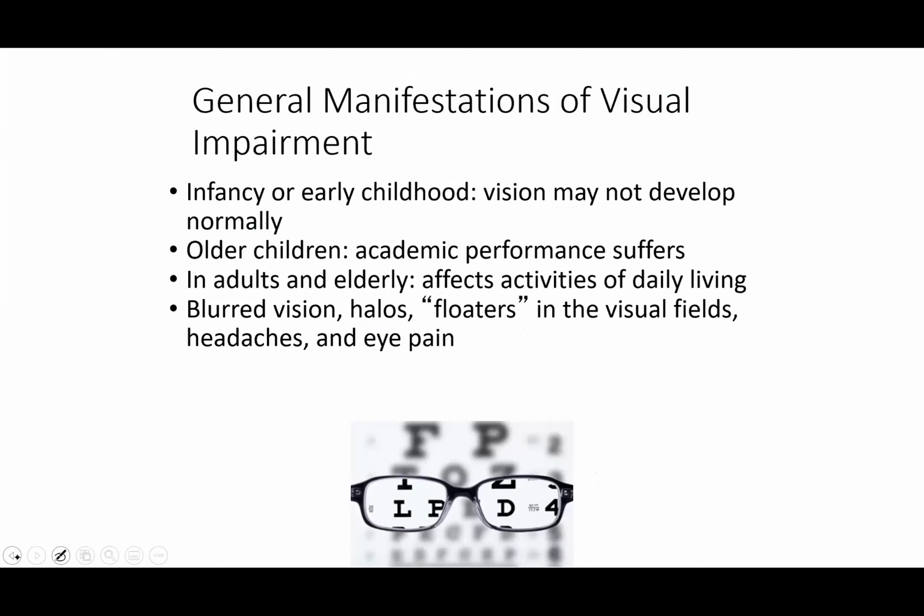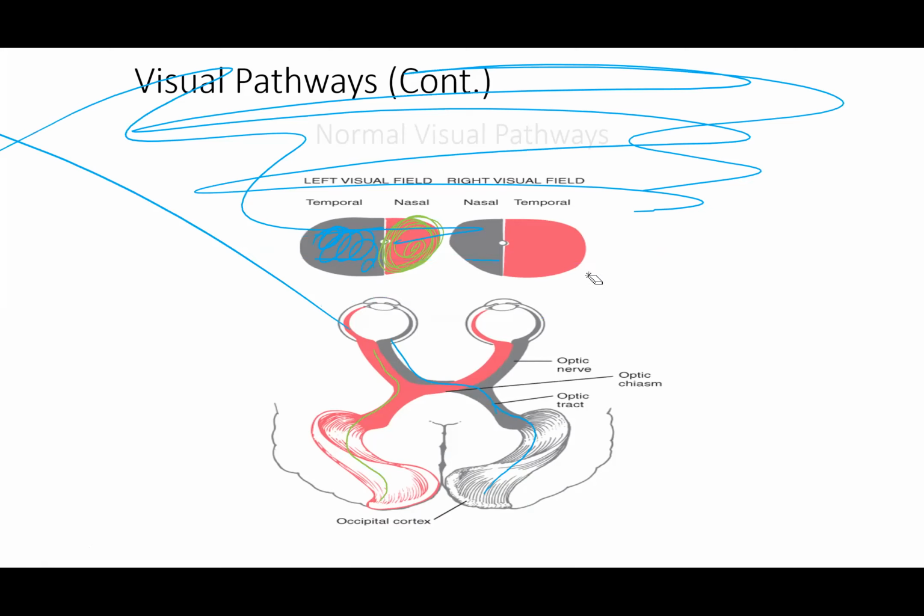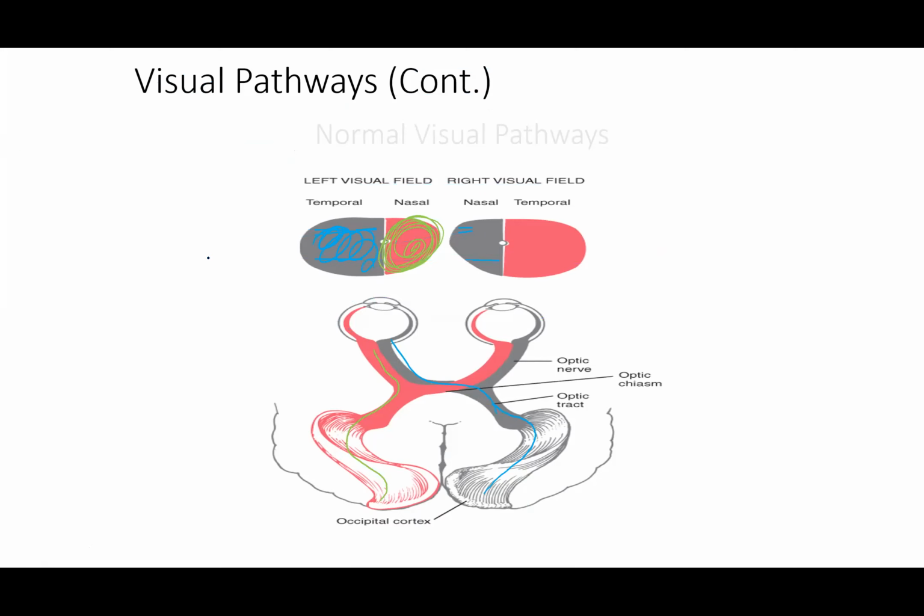Okay, then what can happen is if you get different damages, say to the lens or the retina or the optic nerve or the optic chiasm or the optic tract or the optic radiation or the occipital lobe itself.